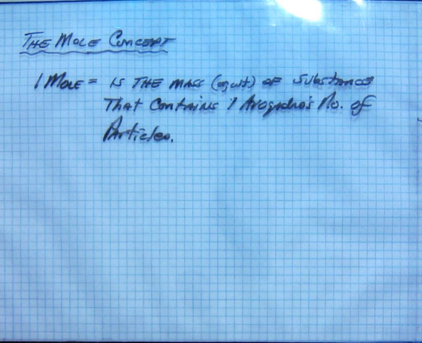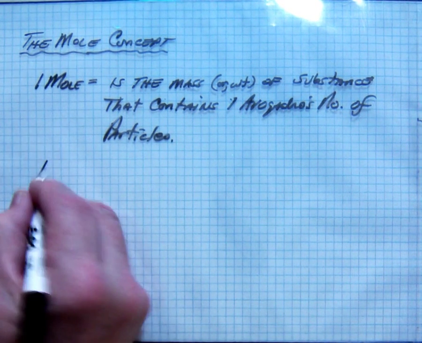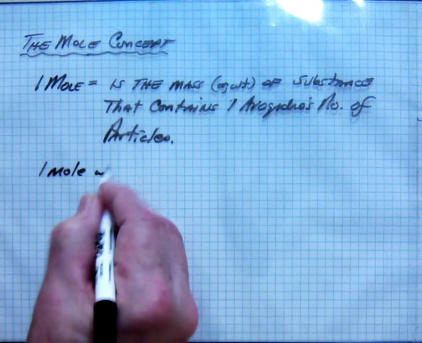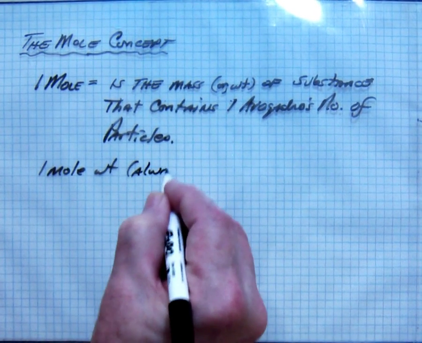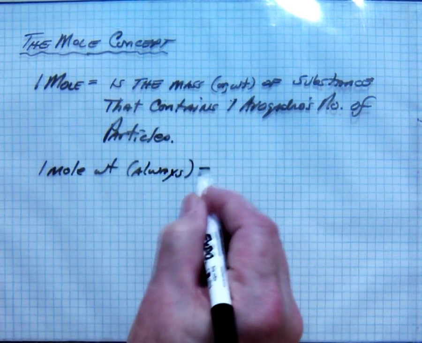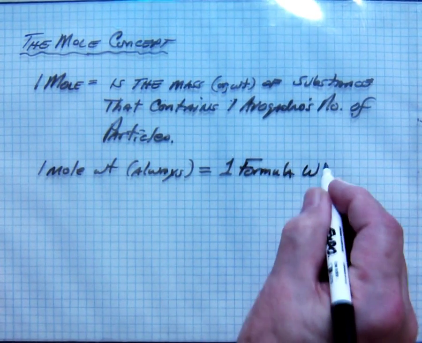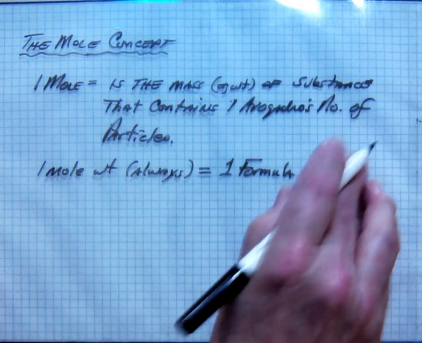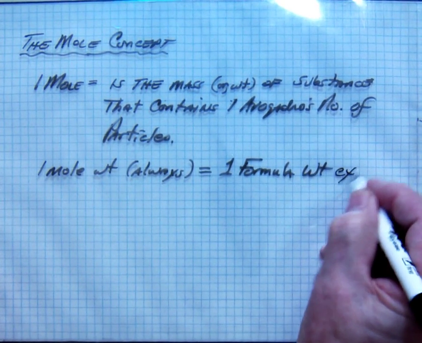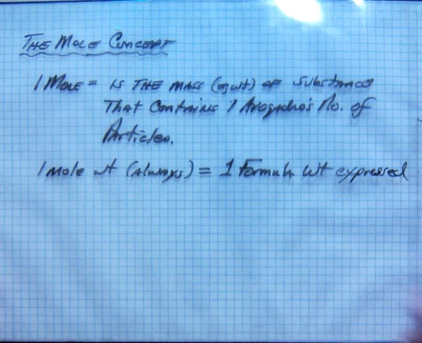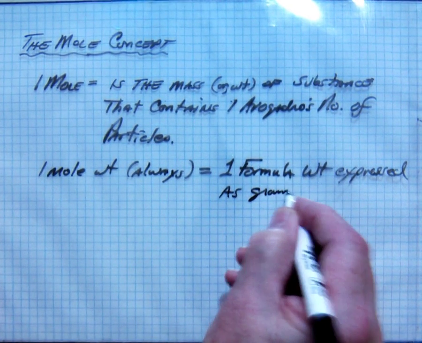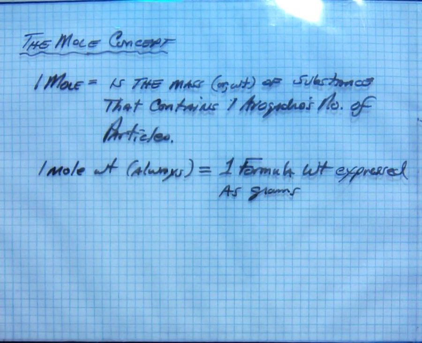That mass of substance that contains 1 Avogadro's number of particles is always a formula weight. That is, 1 mole weight always equals 1 formula weight, expressed as grams. And of course, it represents grams per mole. So 1 mole equals so many grams.